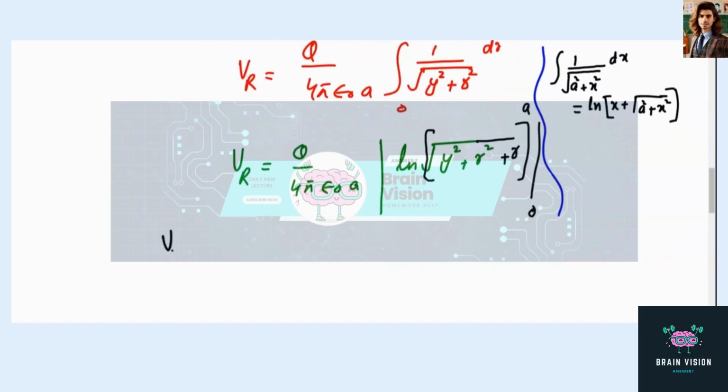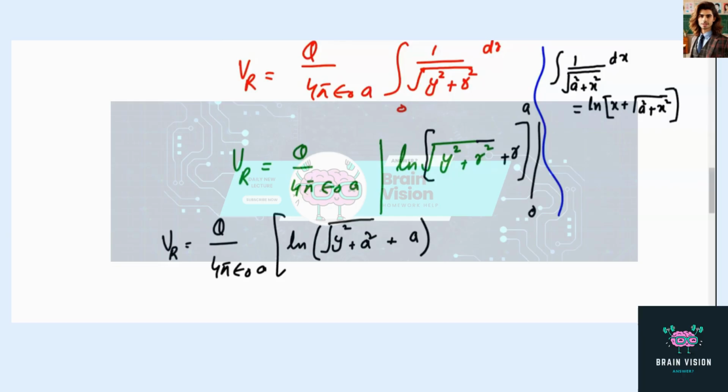So this gives us electric potential at point R is equal to Q divided by 4 pi epsilon naught A, and we have ln of square root of y square plus a square plus a, minus ln of square root of y square plus 0, plus 0.